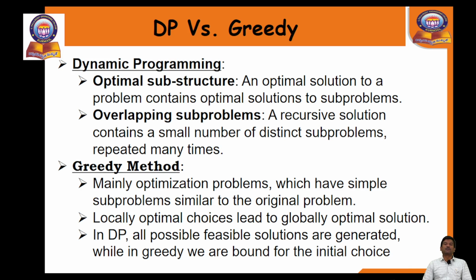To find Fibonacci of 4, you also need Fibonacci of 3 plus Fibonacci of 2, and for Fibonacci of 3 you need Fibonacci of 2 plus Fibonacci of 1, and so on. Once you have found the solution to a subproblem, instead of calculating it again, just reuse the stored value. That is overlapping subproblems.